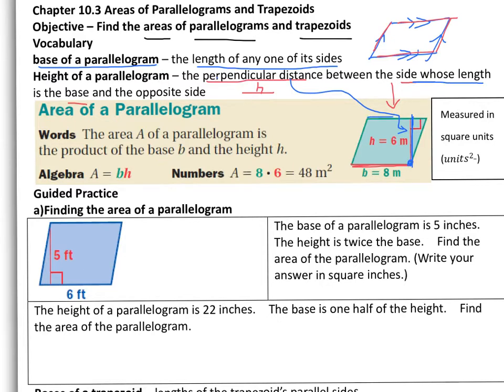So this would be considered the opposite side. And here it forms the 90-degree angle.